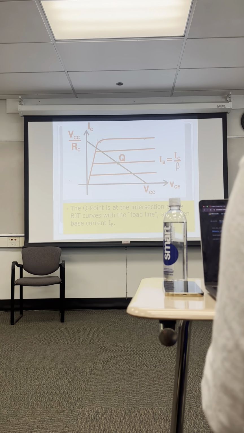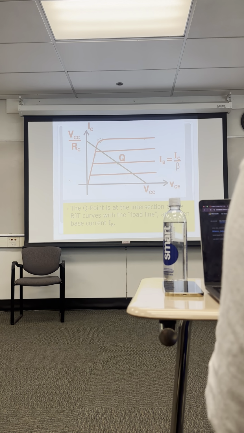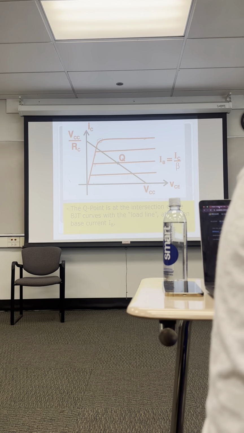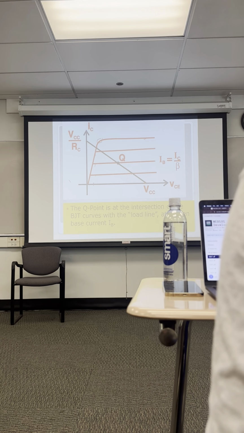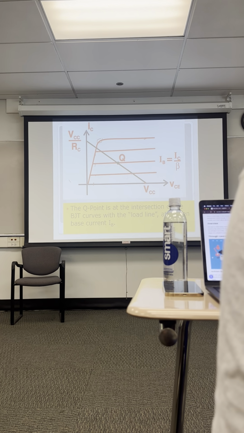This is the V sub CE(sat) part of the collector curve. So if we take that point and extend it down to the x-axis, this is actually where our V sub CE(sat) is. So this Q point here is well away from V sub CE(sat), and it's well away from being cut off. So it's kind of an optimum design.